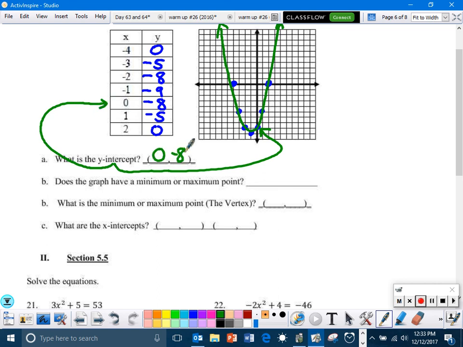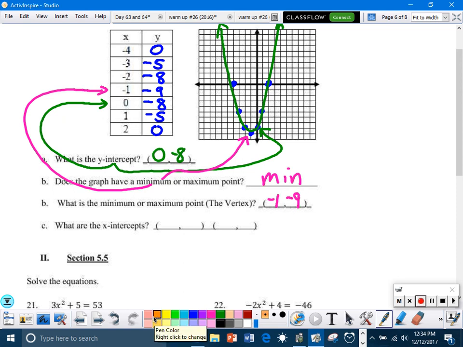Zero, -8. Minimum or maximum? Okay, minimum. What are the x-intercepts?